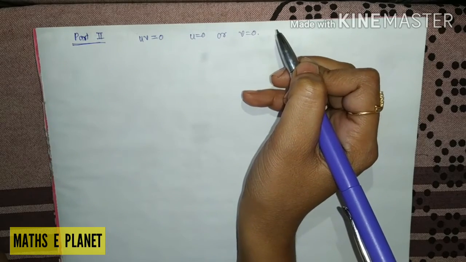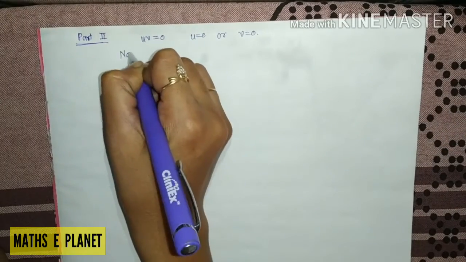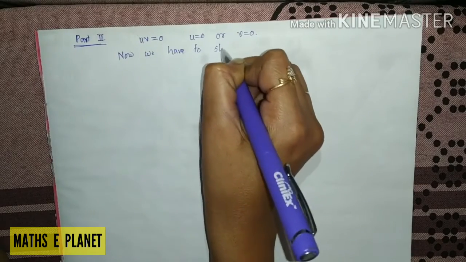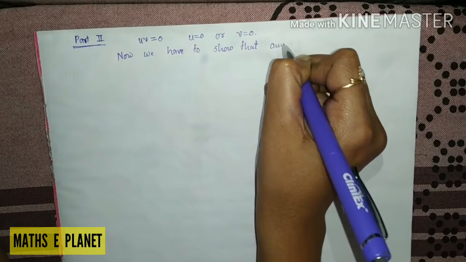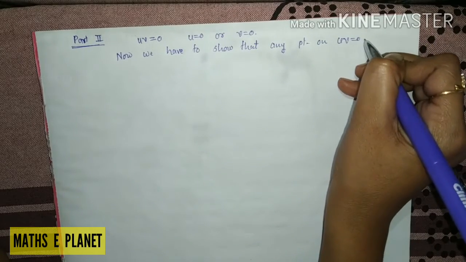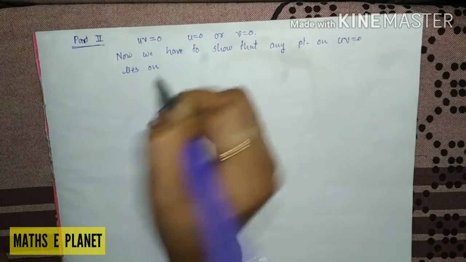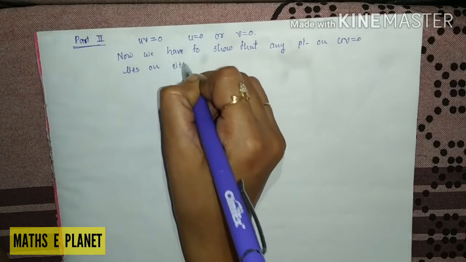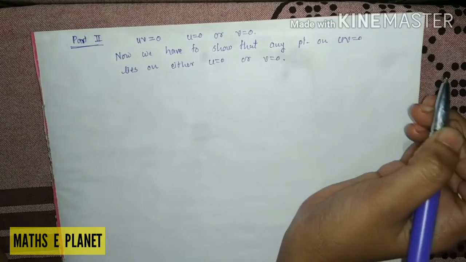Suppose we have to show that any point on u into v is equal to 0 lies on either u is equal to 0 or v is equal to 0.